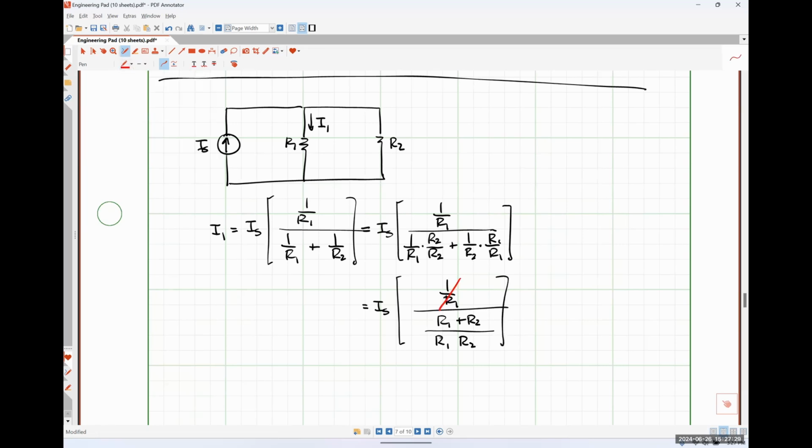I have a 1 over R1 in the numerator and an R1 in the denominator of the denominator. And so those guys are going to cancel each other out. And so I'm going to have 1 over this thing. So that's just going to be the same as IS times R2 over R1 plus R2.